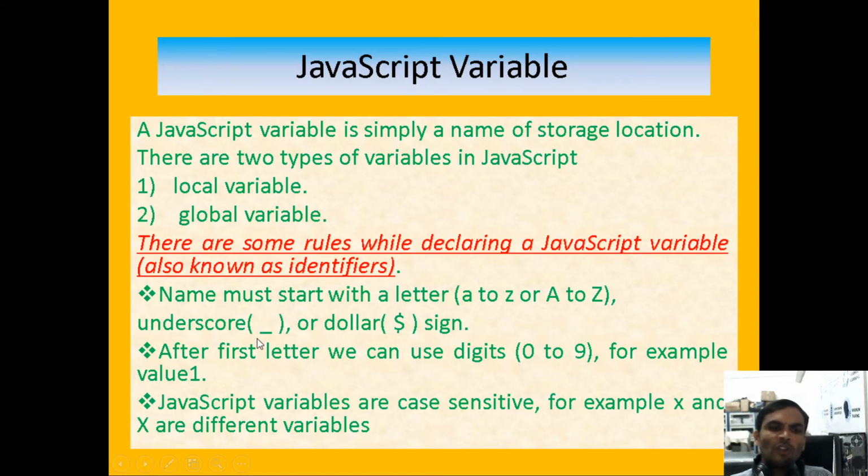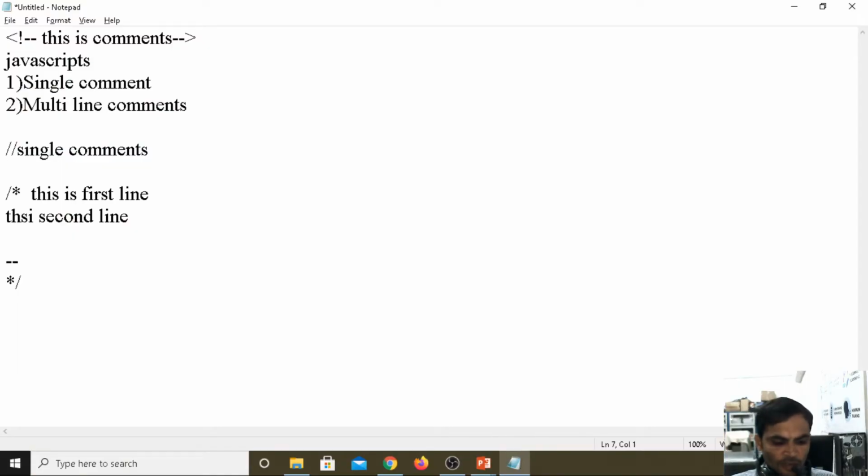Now, to define variables, for your understanding I am writing a simple example. Coming to JavaScript, if you want to define any variable, here there is var, which is similar to a data type.